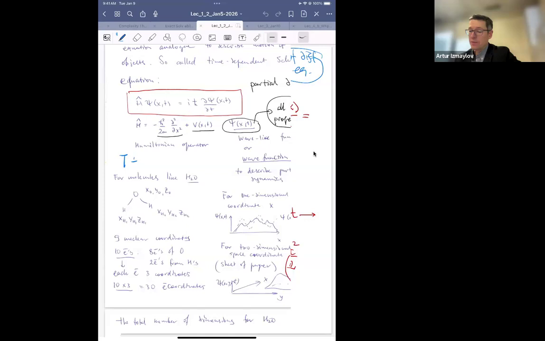T plus V, that's the H. And the kinetic energy, as we discussed before, just comes from p squared divided by 2m, from the momentum. That's why it has this second derivative. And then there is a potential part that is just the potential energy of the particle.